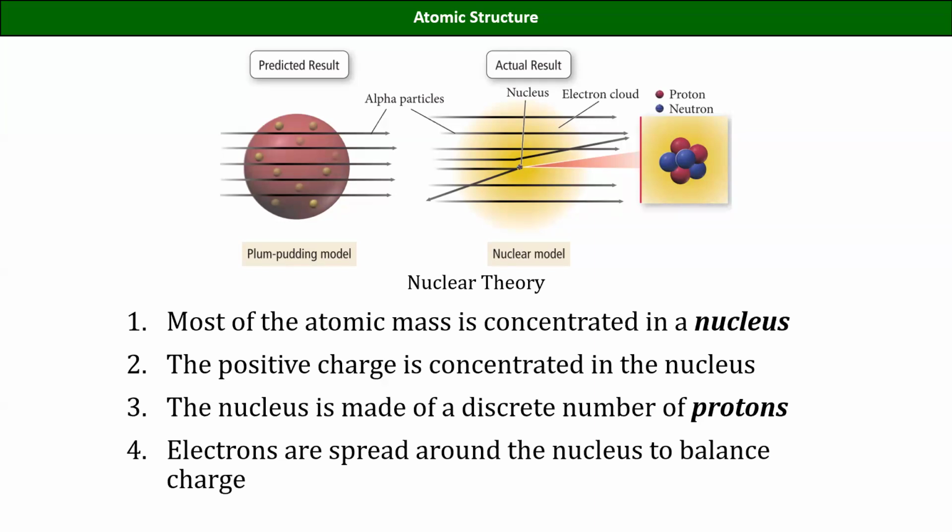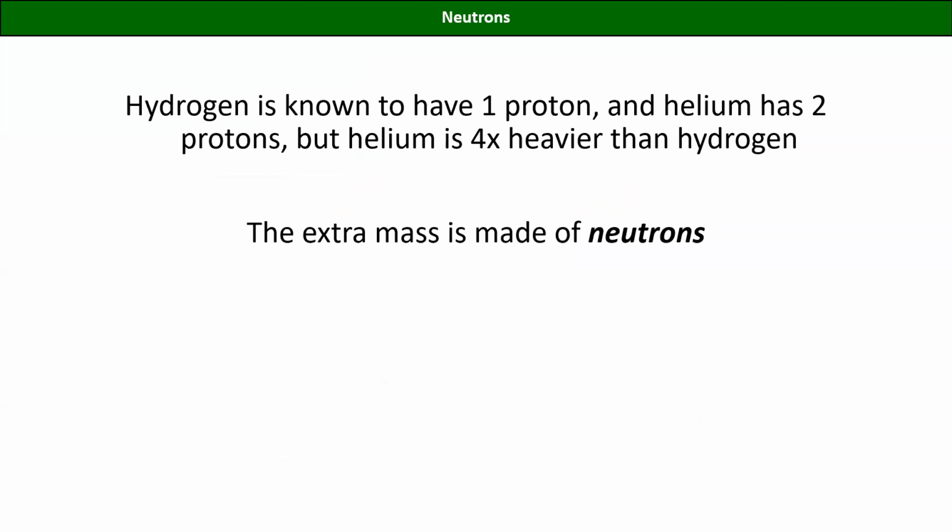And then the last thing was, they knew that helium had two protons. They knew hydrogen had one proton. But helium wasn't twice as heavy. It was 4 times as heavy. So there had to be something that had extra mass.